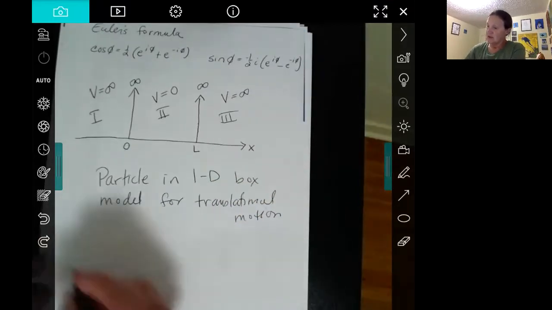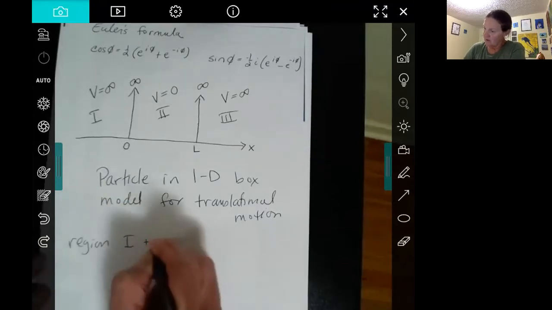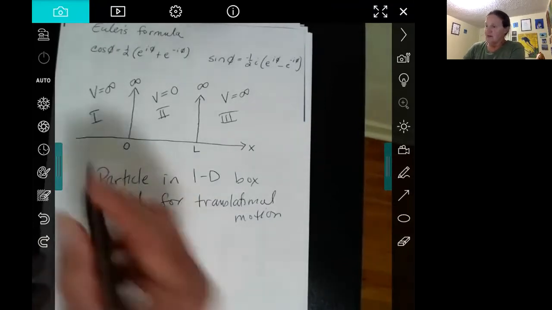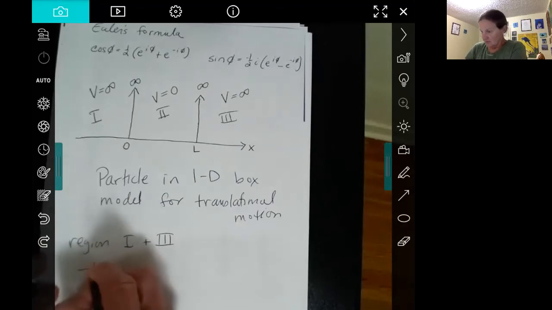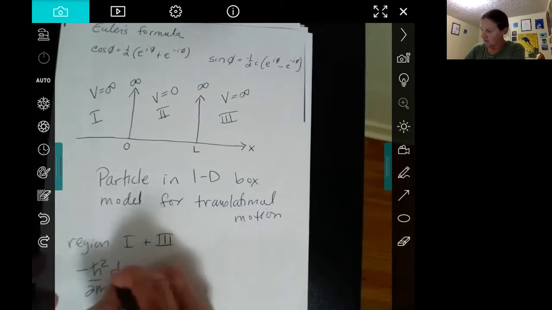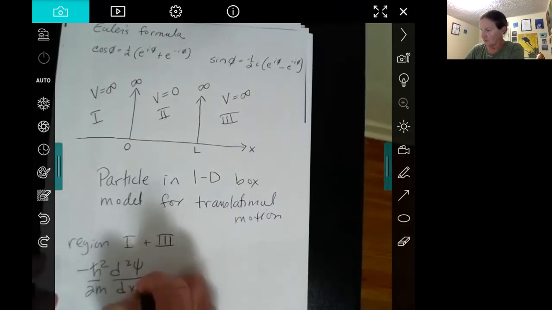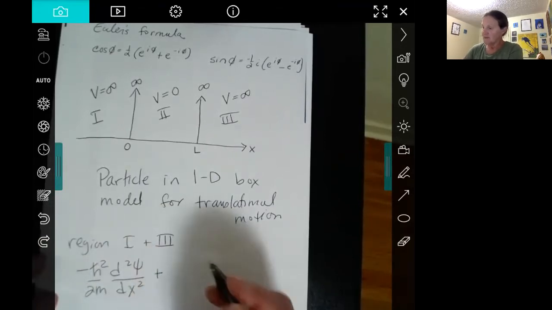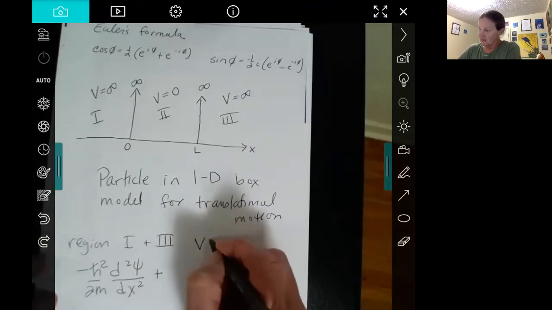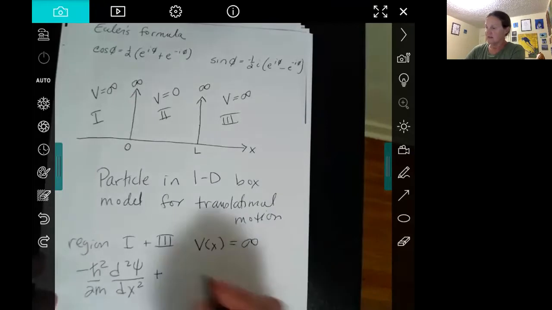So in regions 1 and 3, the Schrodinger's equation is going to have the kinetic energy part: negative h bar squared over 2 times whatever the mass of the particle is, times the second derivative of our function with respect to x, plus the potential energy, which in this region is a constant, and it's constant at infinity.